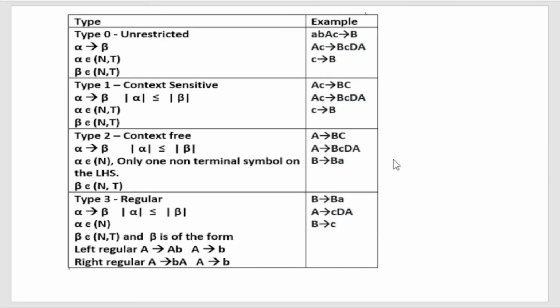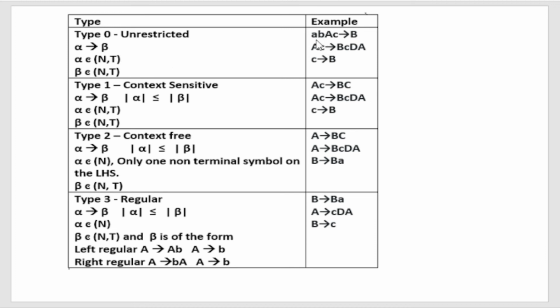Let us see the general form of all the grammars. In type 0 grammar, the production rule is of the form alpha derives beta, where alpha is a set of terminals and non-terminals. Beta is also a set of terminals and non-terminals. This grammar has no restriction in placing the terminals and non-terminals on the left-hand side and right-hand side.